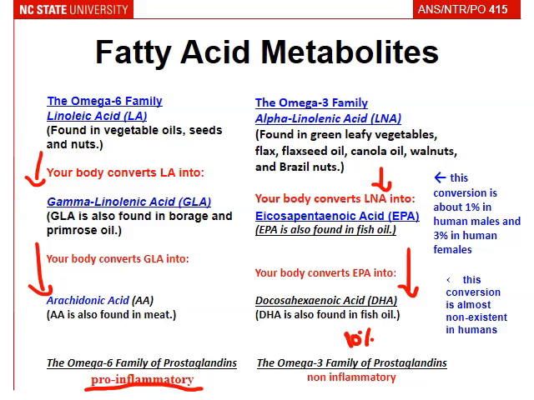Similarly, your conversion of alpha-linolenic acid to EPA can go up to 20% in that third trimester. So females that are gestating or lactating have a higher conversion rate of EPA and DHA than an equivalent male of the same height, weight, age, etc.